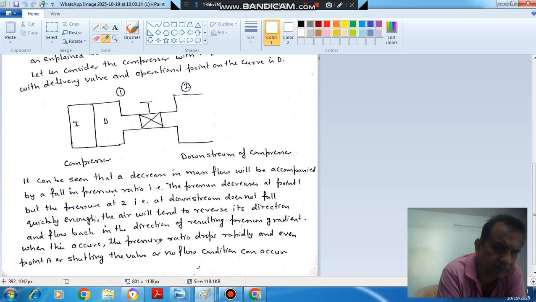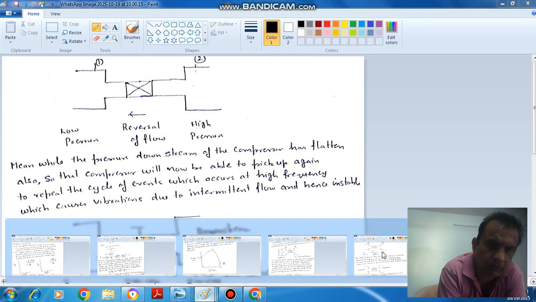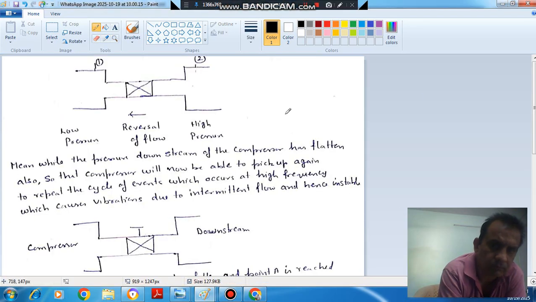When this occurs, the pressure ratio drops rapidly as the air is going in this direction, so mass flow is further decreasing, and even point A, or shutting the valve, or a no-flow condition can occur.